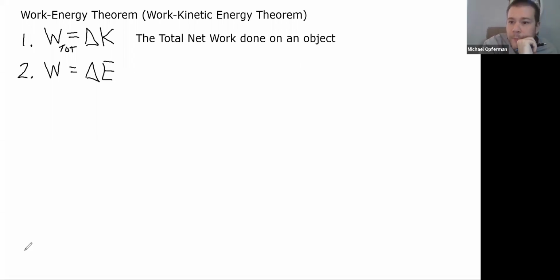My personal terminology for how I wrap my head around this, and again, this isn't standard terminology that everyone in physics uses, so just be aware of that, is that I like to call this external work done on the system.